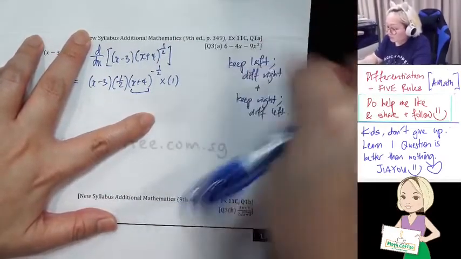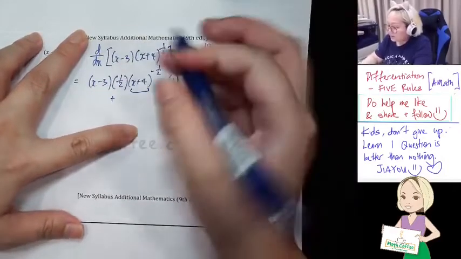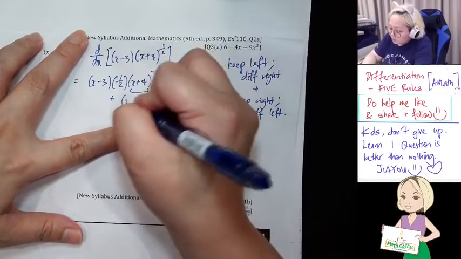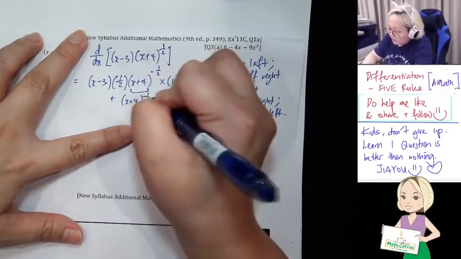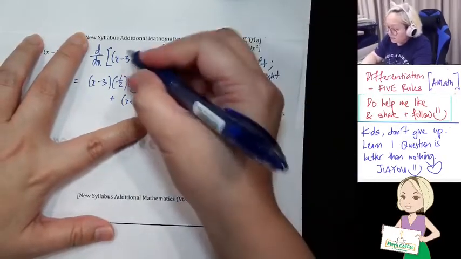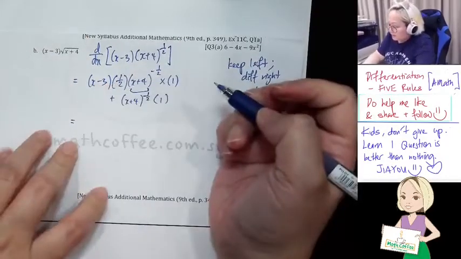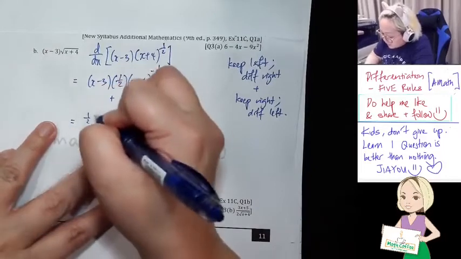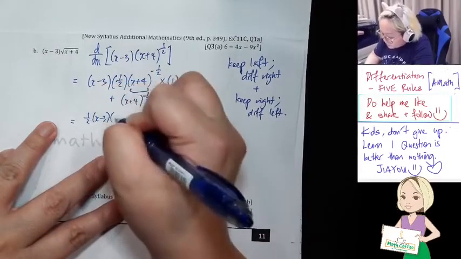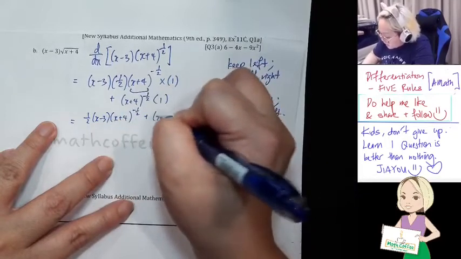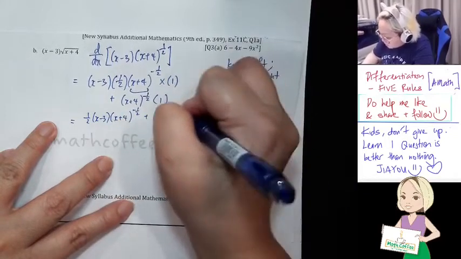Plus, now I'm going to keep right, so it will be x plus 4 to the power of half, differentiate left, which is 1. So it looks like half x minus 3, x plus 4 to the power of minus half, plus x plus 4 to the power of half.